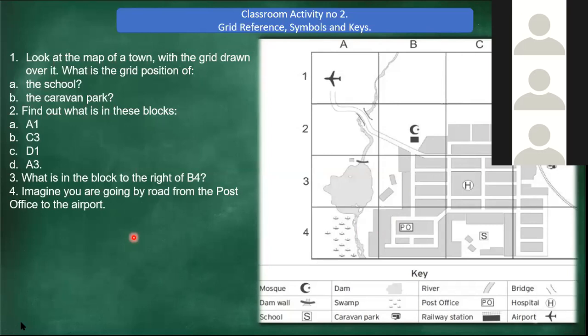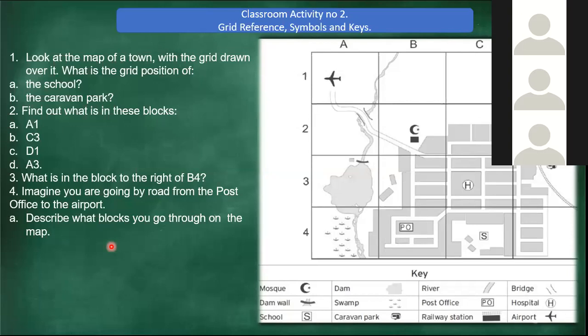Okay, imagine you are going by the road from the post office to the airport. Describe what blocks you go through on the map. I'm gonna take Michaela. Michaela. Yes, ma'am.